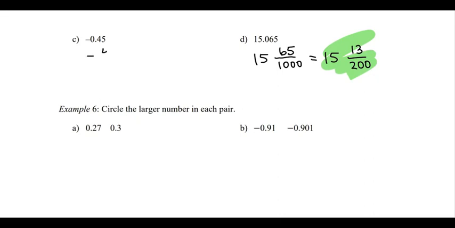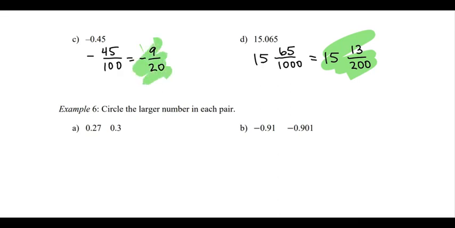So negative 45 over 100, that needs to be reduced as well. Again, we're going to reduce by 5, so that is going to be negative 9 over 20. Negative 9 over 20, and that's our final answer.